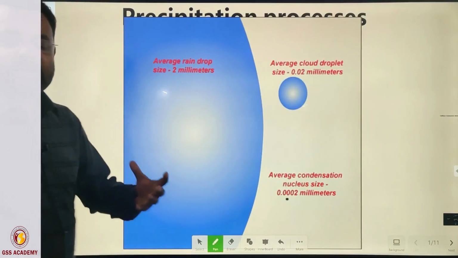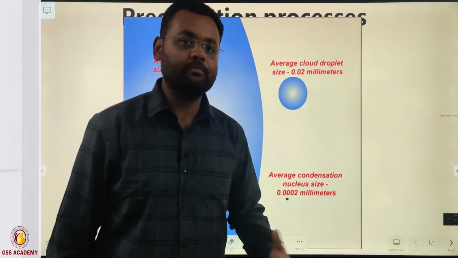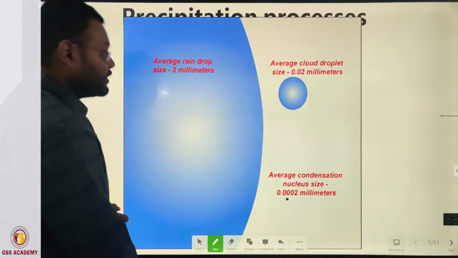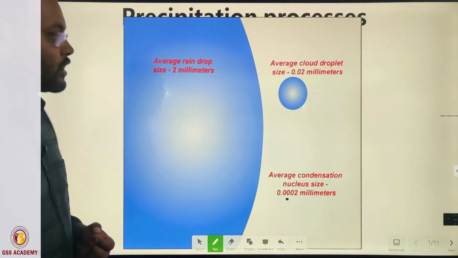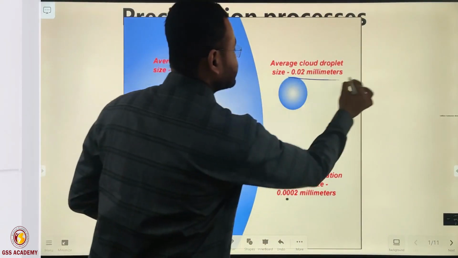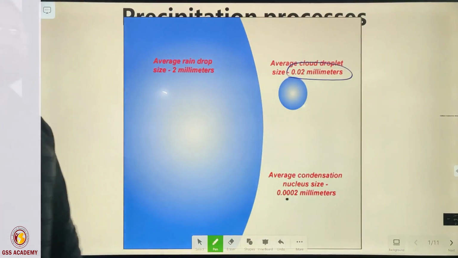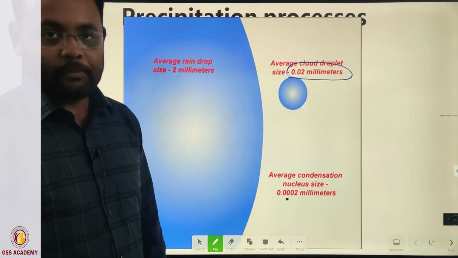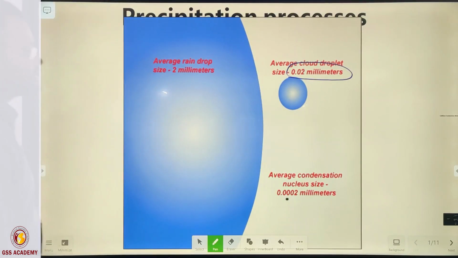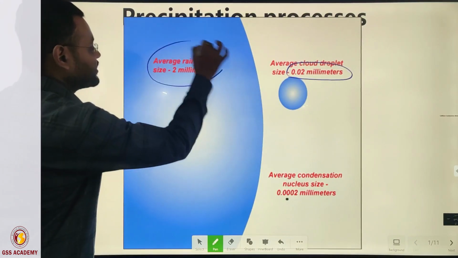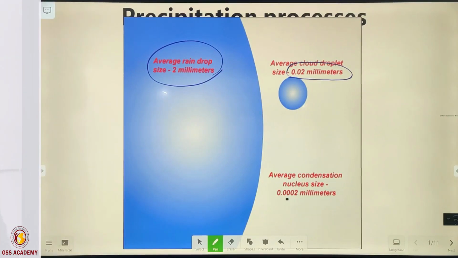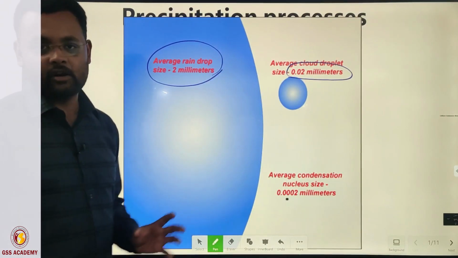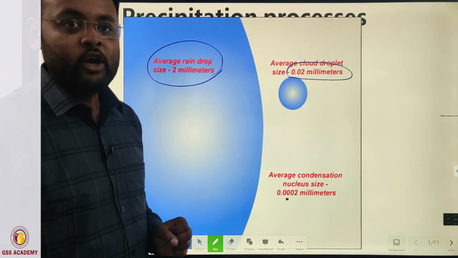We all know the clouds are composed of huge numbers of cloud droplets, and the average diameter of this cloud droplet is only 0.02 millimeter, but the average diameter of a typical rain droplet is approximately 2 millimeter.